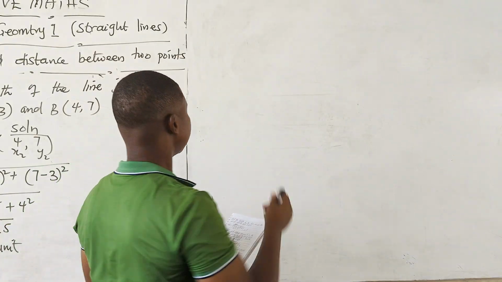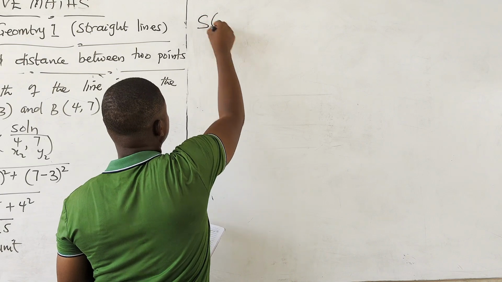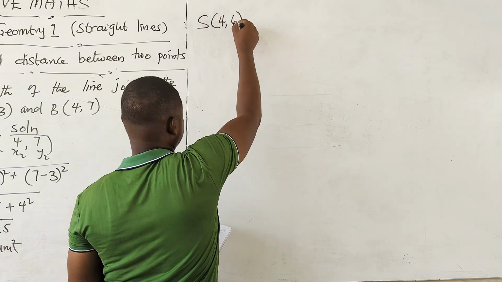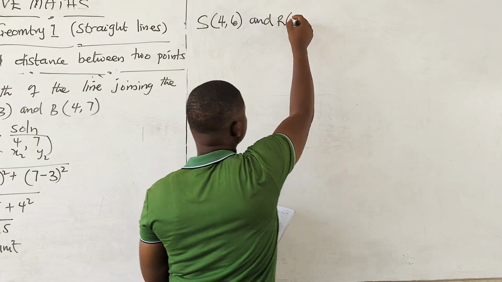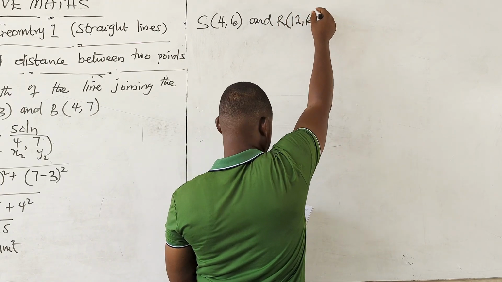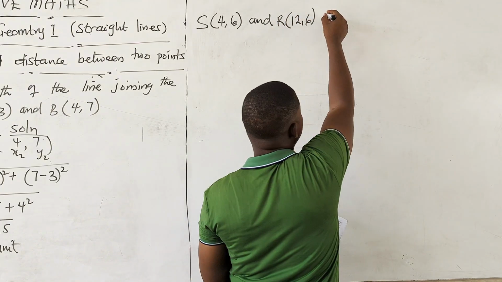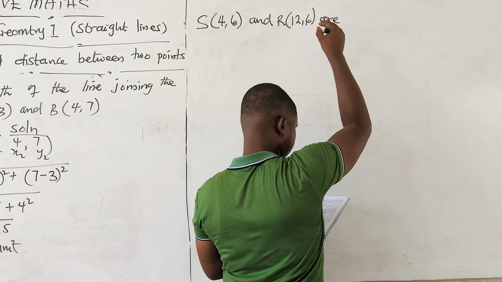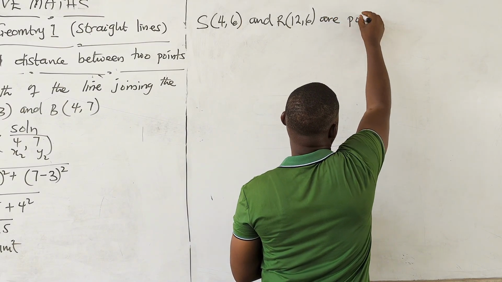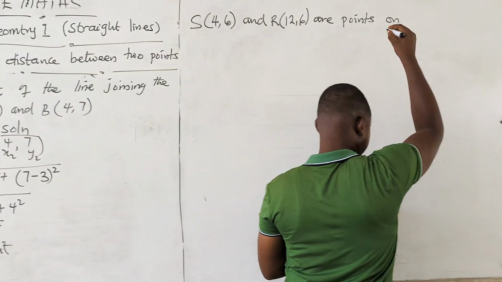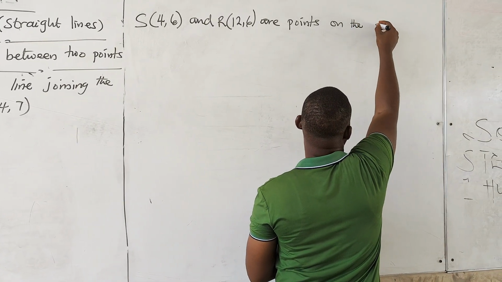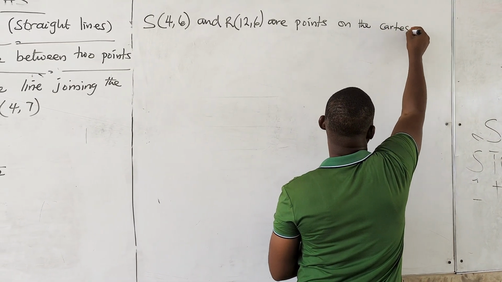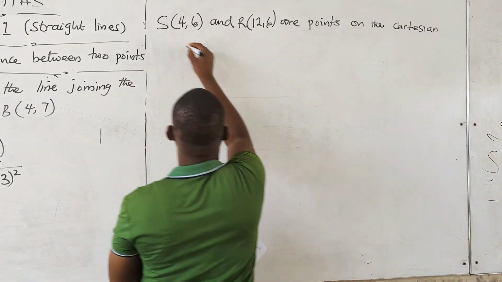The question is: S(4, 6) and R(12, 6) are points on the Cartesian plane.